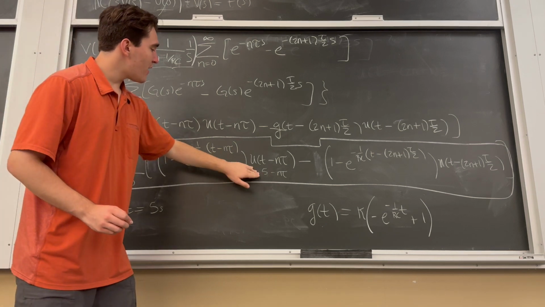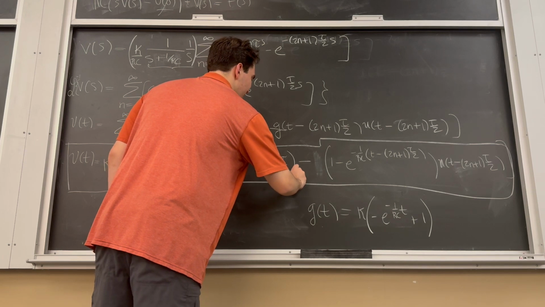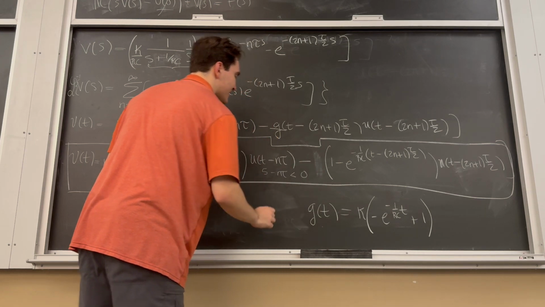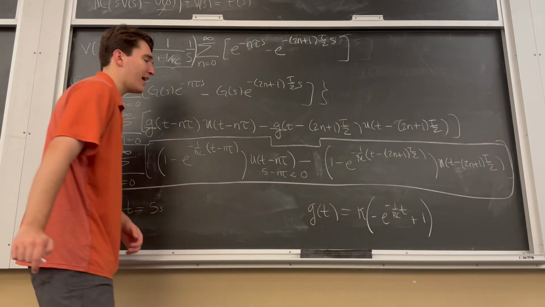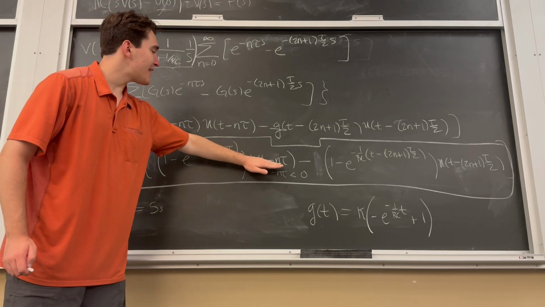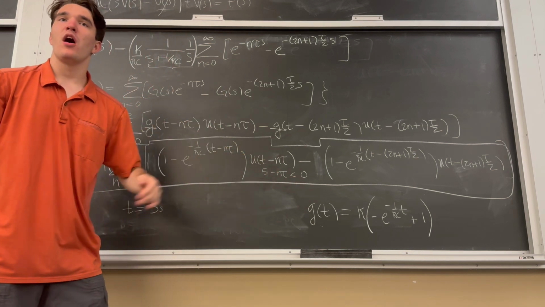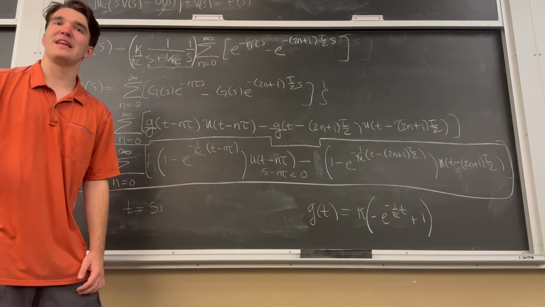But as n increases, after a certain point, 5 minus n tau is going to be less than 0. This is going to overwhelm the 5, bringing the terms inside the Heaviside step functions to less than 0, which is just going to turn off a whole bunch of the terms in the infinite series.